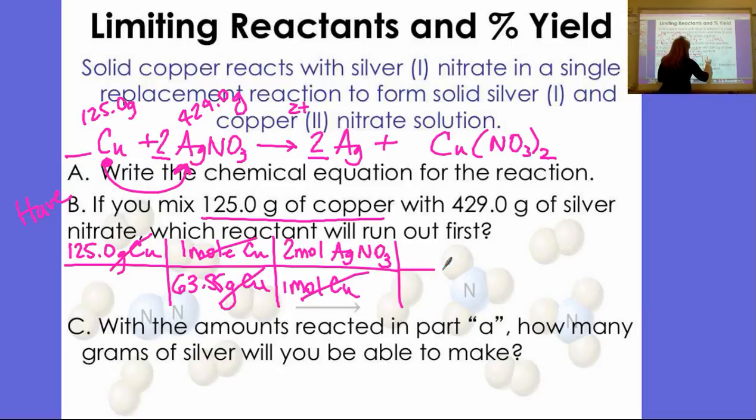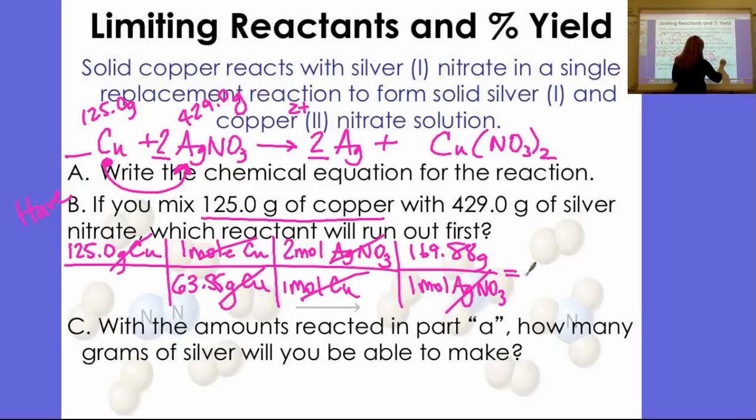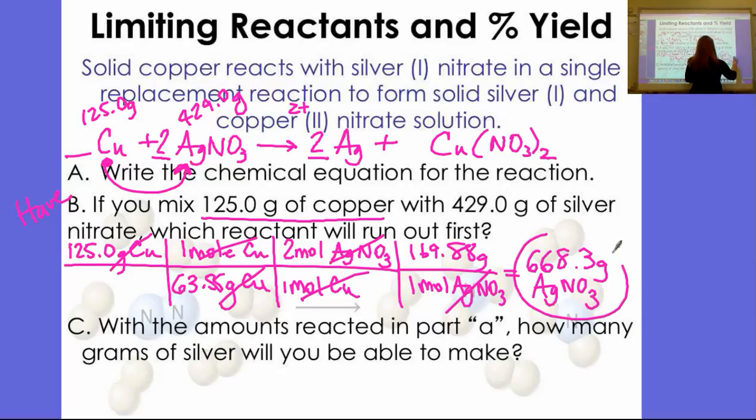I didn't want to get to moles. I need one more step. I said it was 3 steps. I need to get to grams. So 1 mole of silver nitrate, again looking on the periodic table, is 169.88 grams. When I calculate that out, that gives me 668.3 grams of silver nitrate. That's my need.